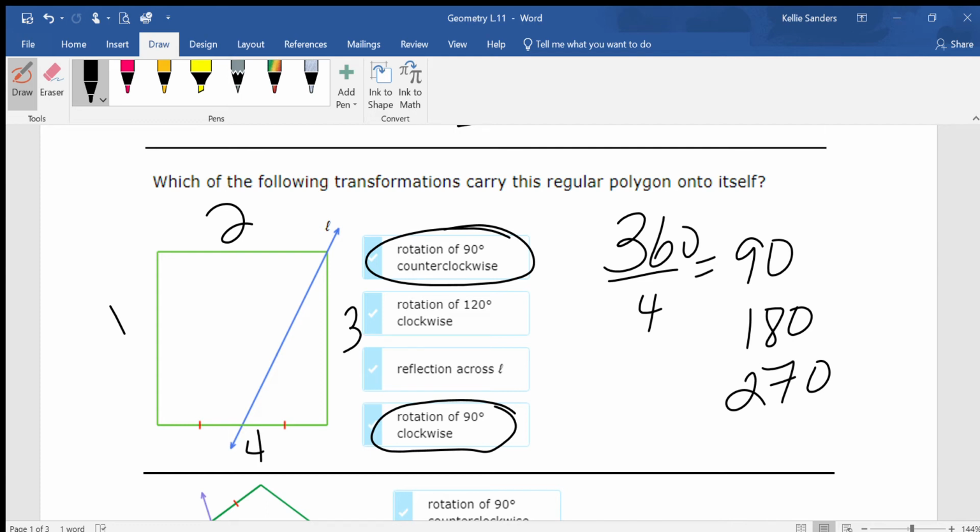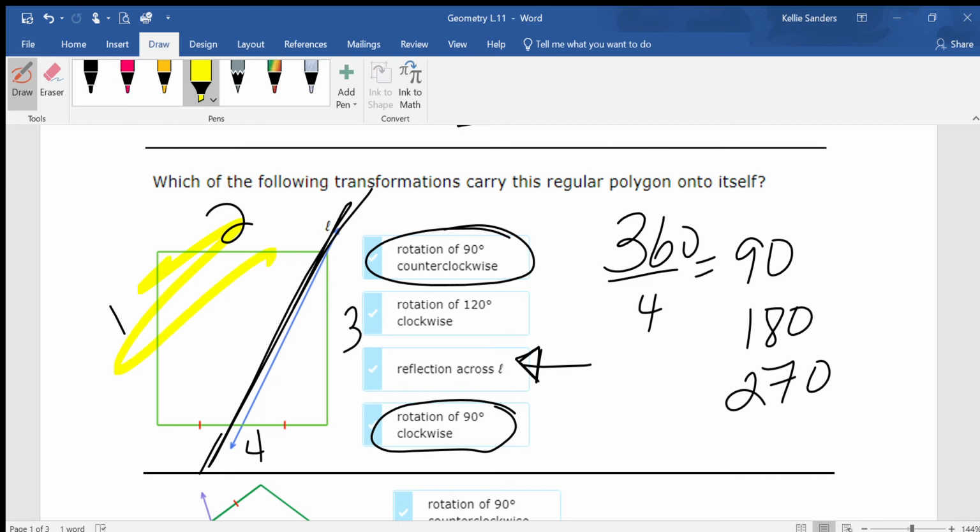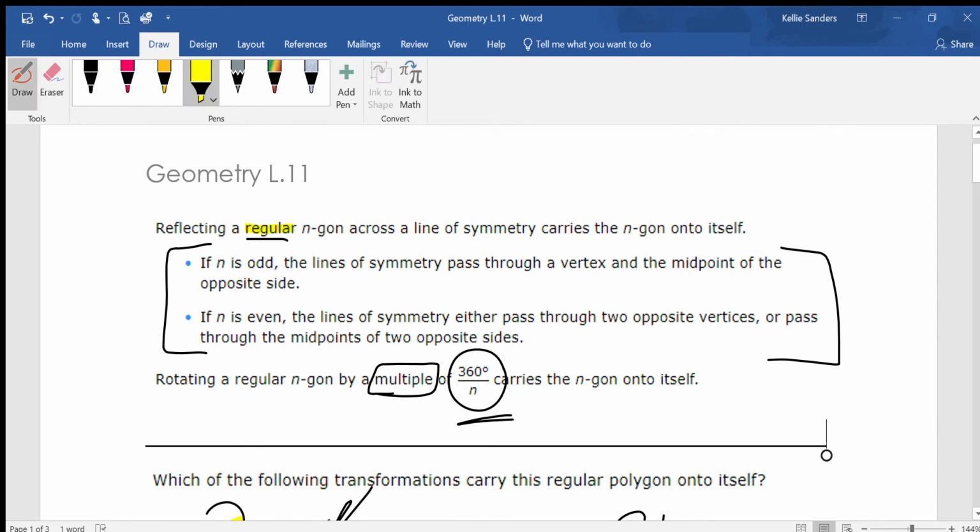But then we have to look at this, a reflection about L. If I have L right here, is whatever's on this side a reflection of whatever's on this side? And the answer is no. The reason for that is because it's an even amount of sides, and if it's an even amount of sides, lines of symmetry pass through opposite vertices or opposite sides.